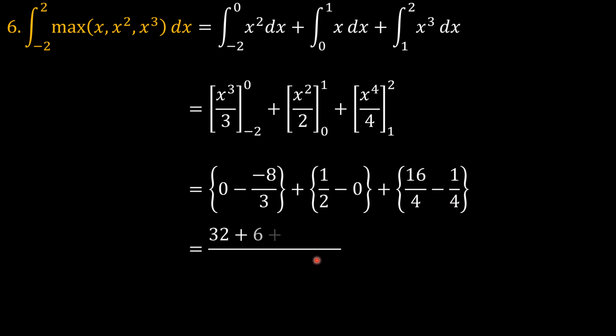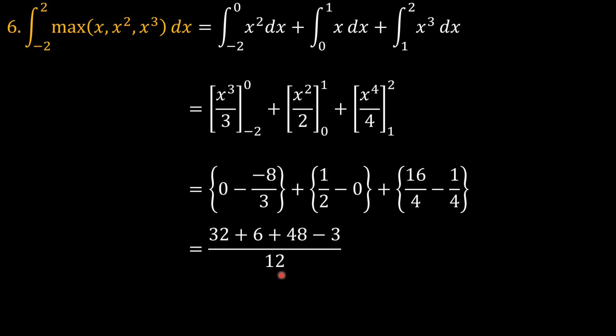And so we can now get the common denominator being 12. 12 divided by 3 is going to be 4. 4 times negative of negative 8, which is positive 8, is 32, plus 12 divided by 2 is 6, 6 times 1 is 6.